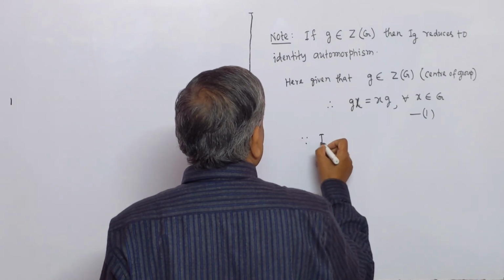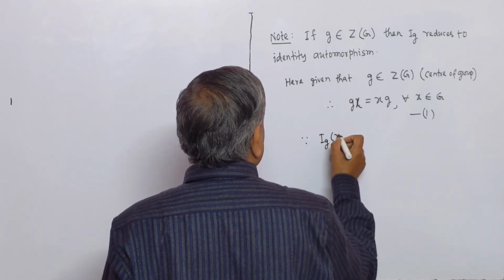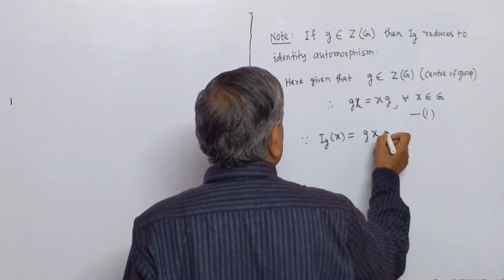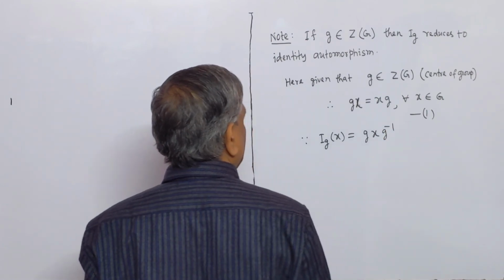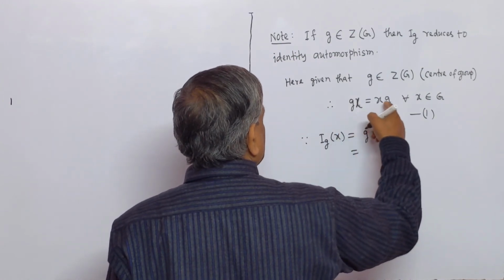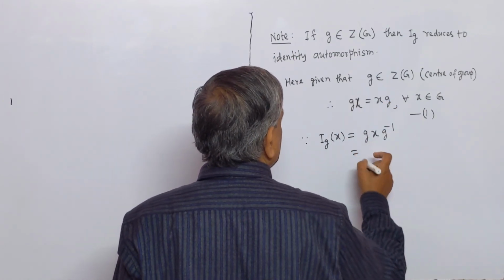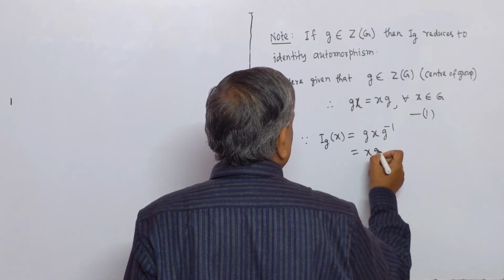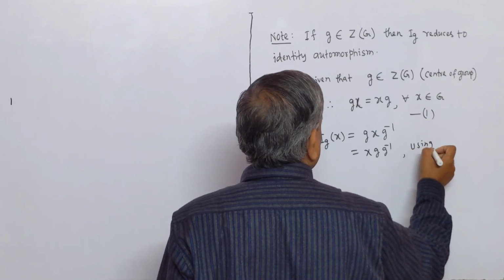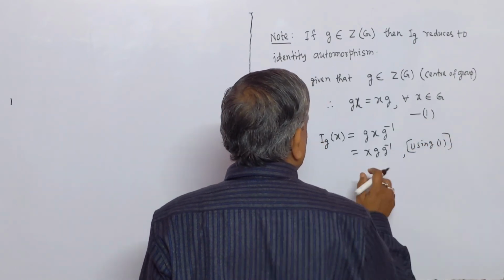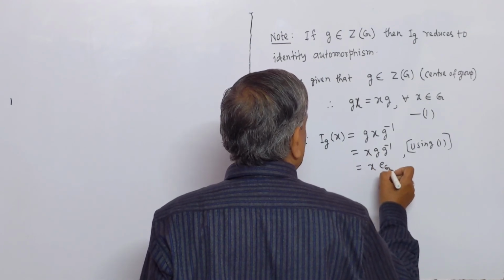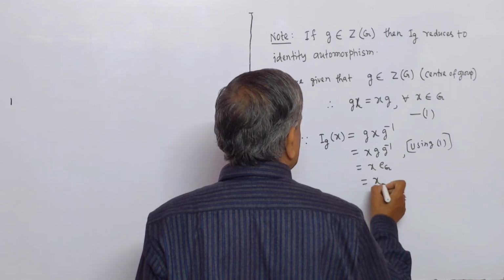Since I_g of x equal to g x g inverse, since g x equal to x g, using 1, this is equal to x times the identity element of group G, equal to x.